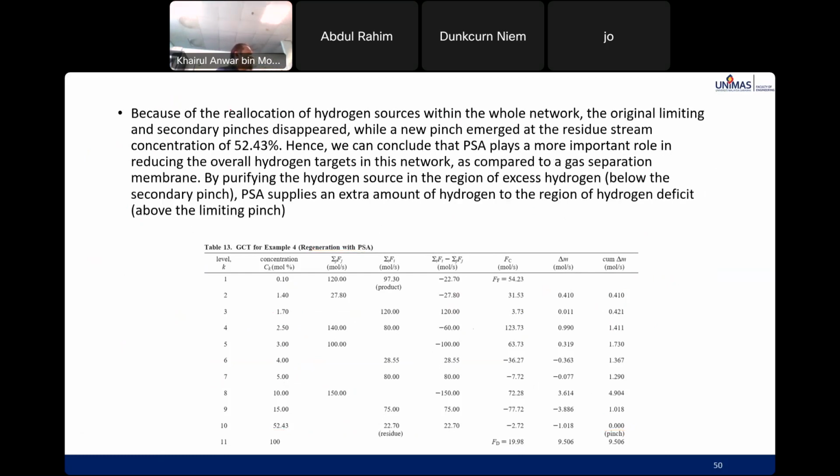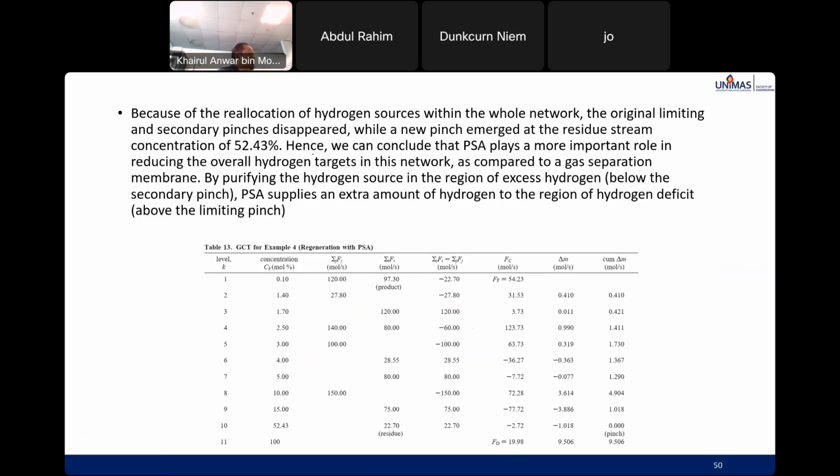Because of the allocation of hydrogen source within the whole network, the original limiting and secondary pinches disappeared, while a new pinch emerged at the residue stream concentration of 52.43, not percent, but mole percent.